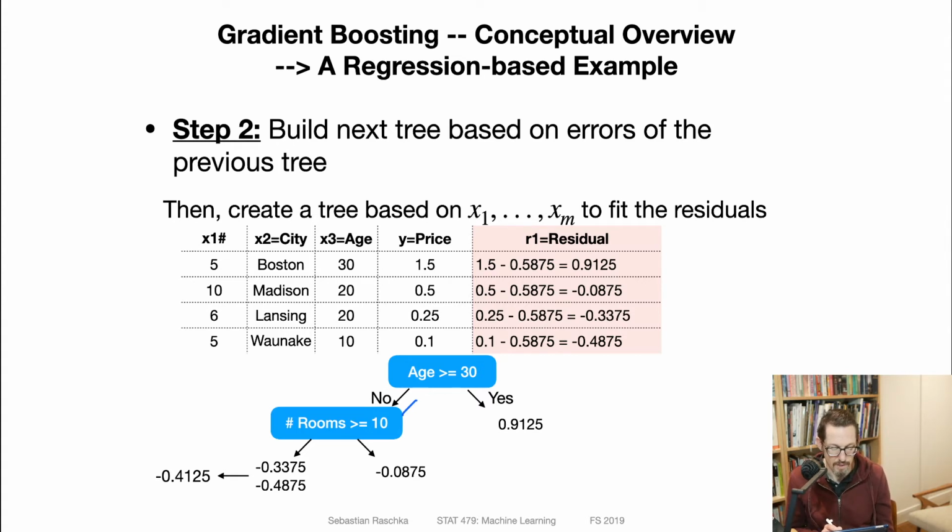If it's under 30, we go that way. And we split on the number of rooms, and we get these setups. So these are the mean values of the training data in all of those. And again, that's the mean residual, this stuff right here.